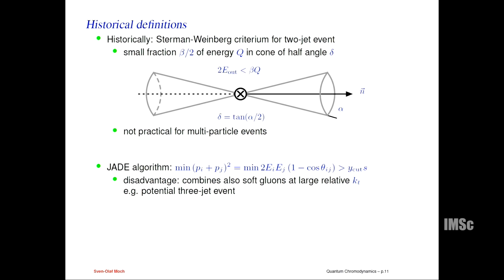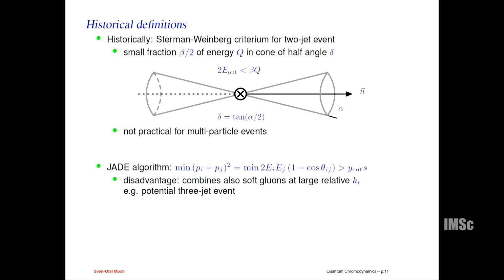If we see particles arranged or clustered in two cones back to back, and the cones should have an opening angle alpha, and we should see in those two cones particles with a small fraction beta over 2 of the total center of mass energy in the event.